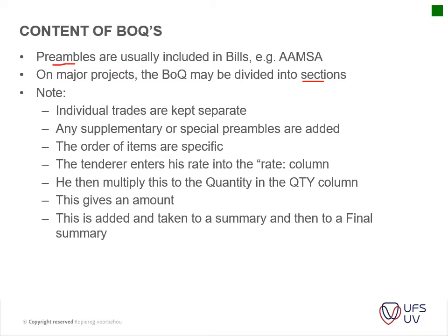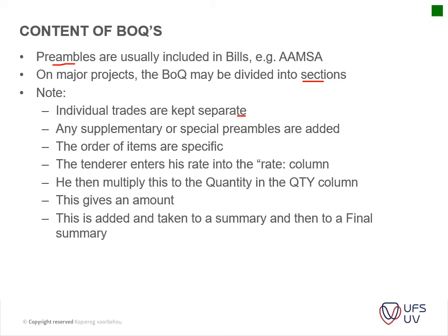It's important to note that individual trades are kept separate. That's what we've been discussing already. So you try not to mix up your trades. For instance, something that does happen in your plumbing and drainage trade, you might have some excavations included in that.